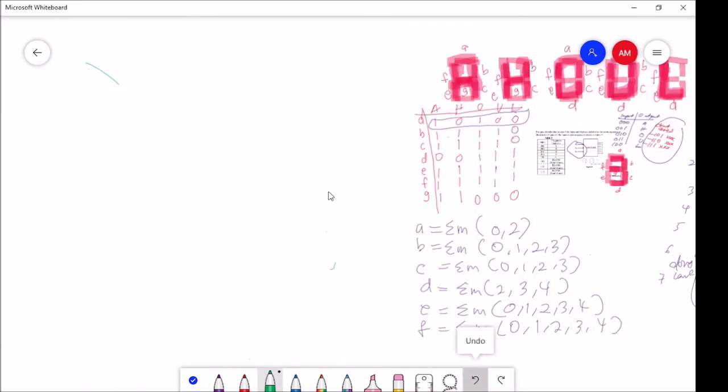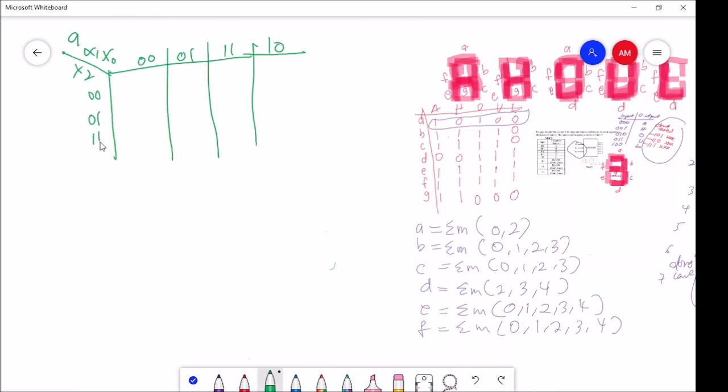Now draw the K-map for each letter. And write out the Boolean equation.